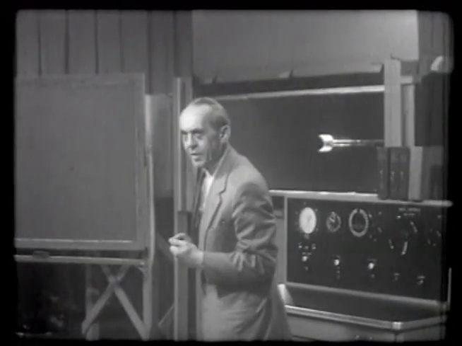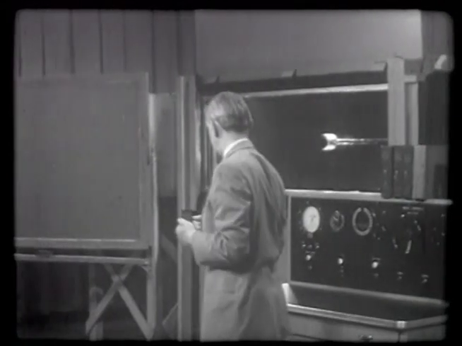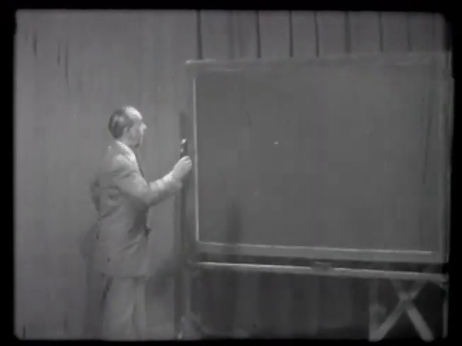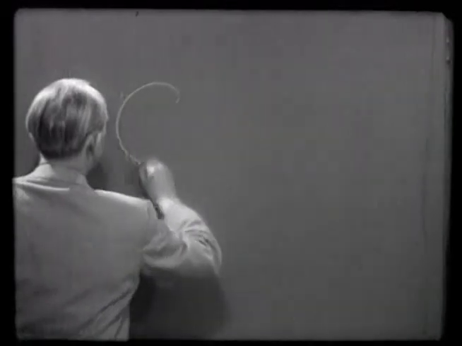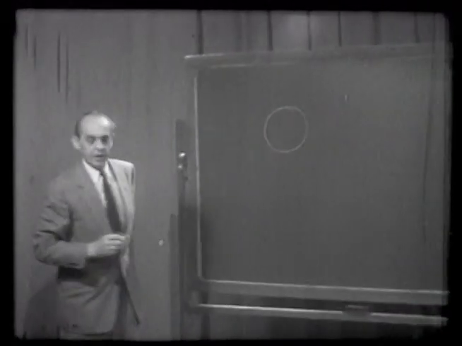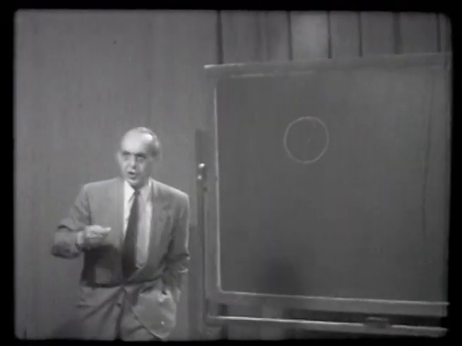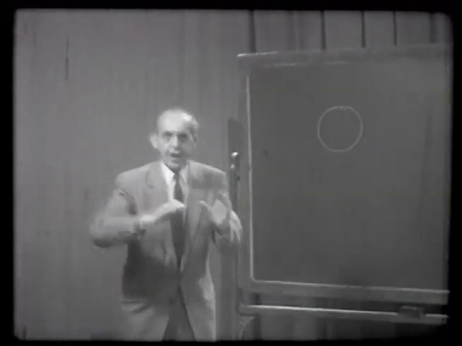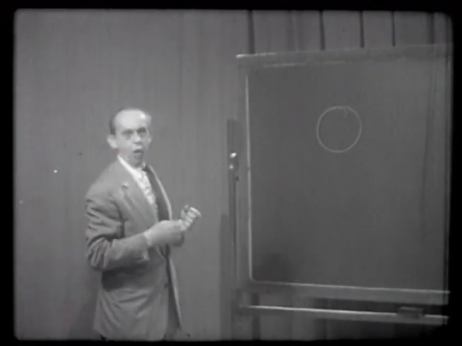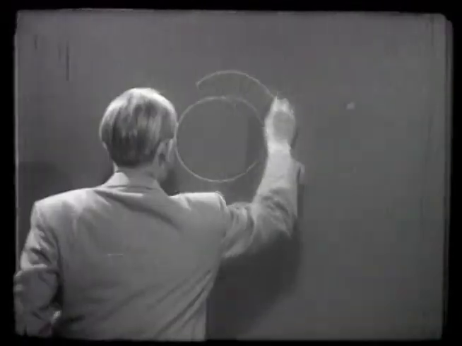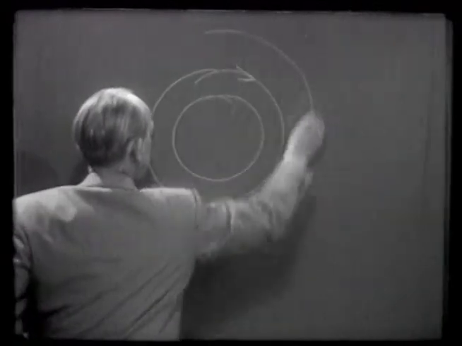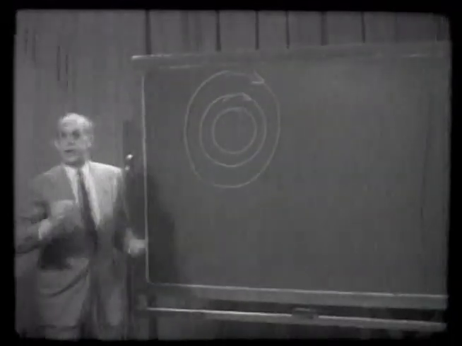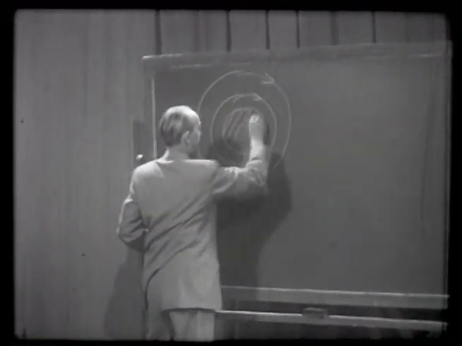How does this happen? Well, let's think about it. We have a circular cylinder. And when we rotate the circular cylinder, then the air around the cylinder will also begin to rotate, so that we have what we call a circulation around this cylinder.